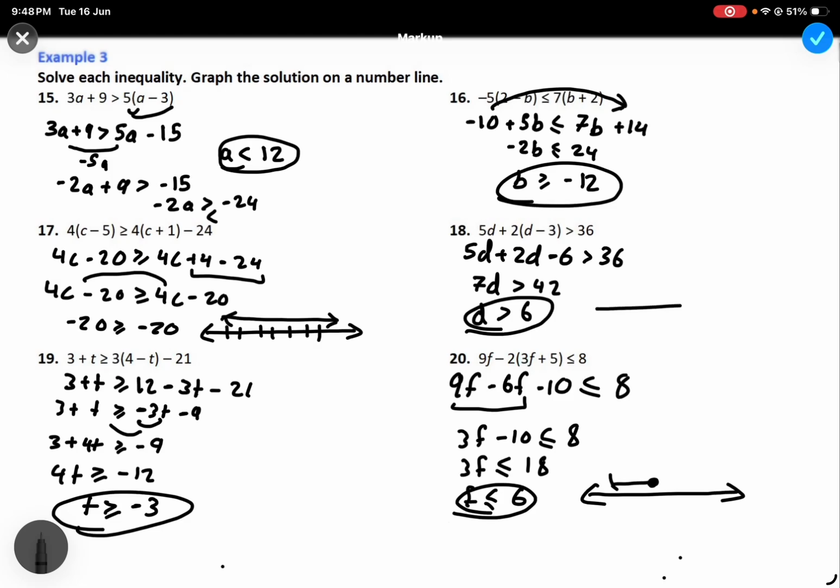For this one, it starts at 6, but it's an empty circle because it's just greater than, and it goes this way. For this one, oops, this is sloppy. It starts at negative 3, filled circle, and then greater than, so it goes this way.